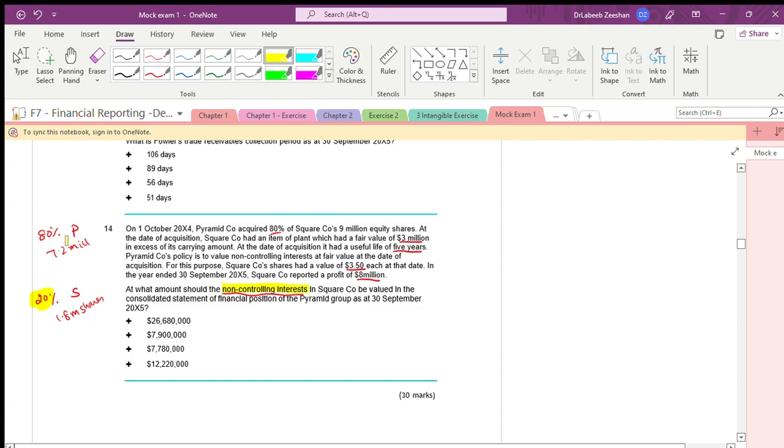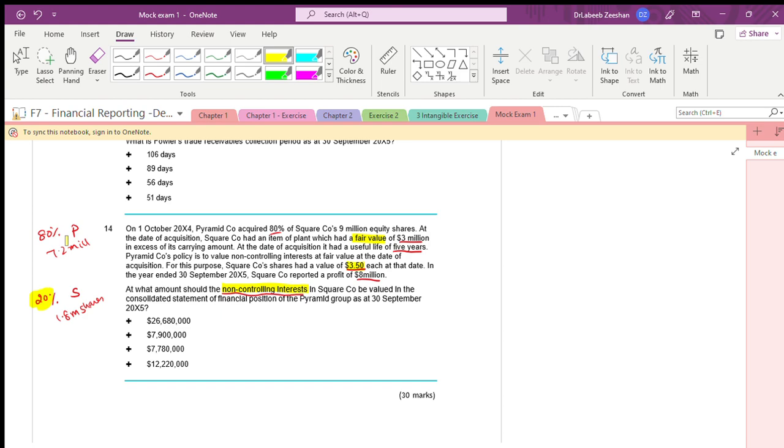As simple as that. What is the value of the share? They have given the fair value at the date of acquisition. Square company has an item of plant with a fair value of 3 million and a useful life of 5 years.